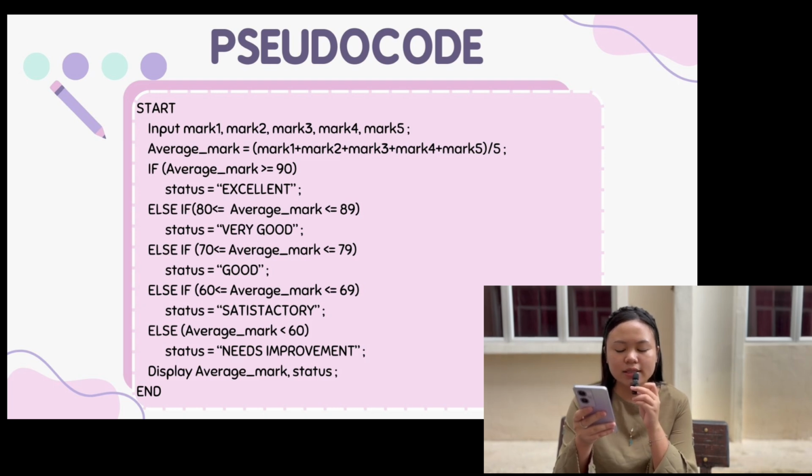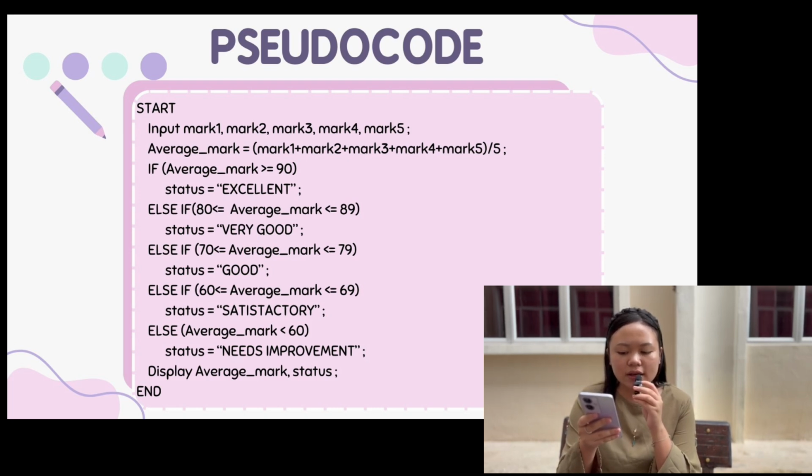Else if 70 to 79, status is good. Else if 60 to 69, status is satisfactory. Else average mark less than 60, status needs improvement. Display average mark and status, and it will end.